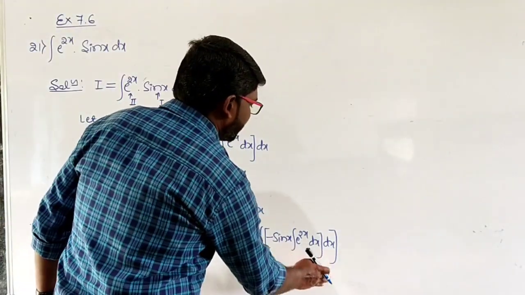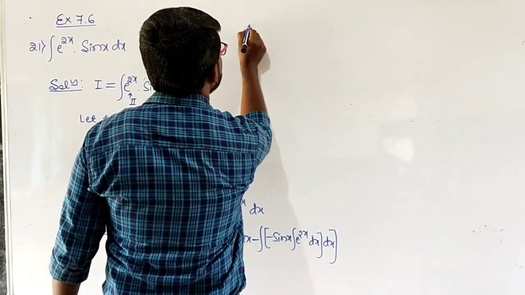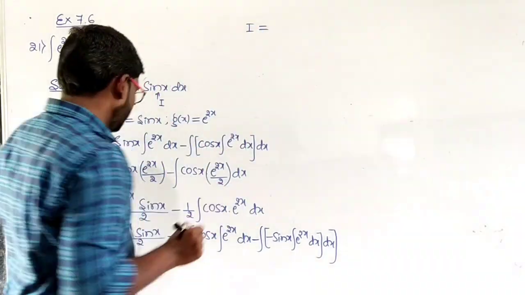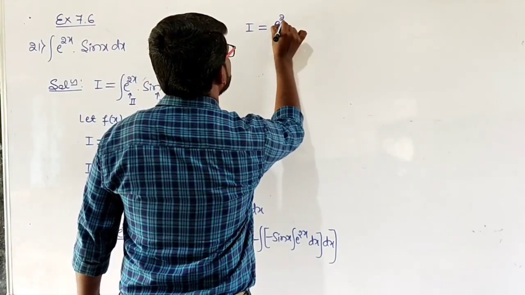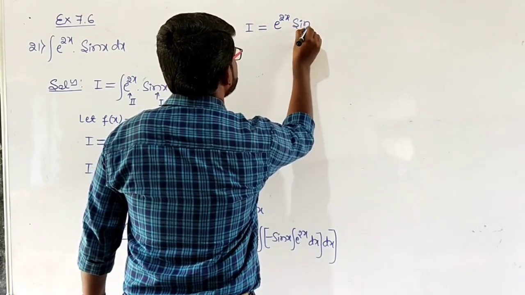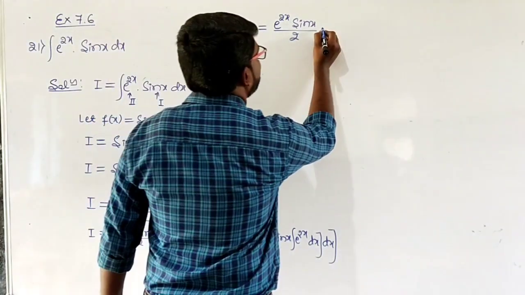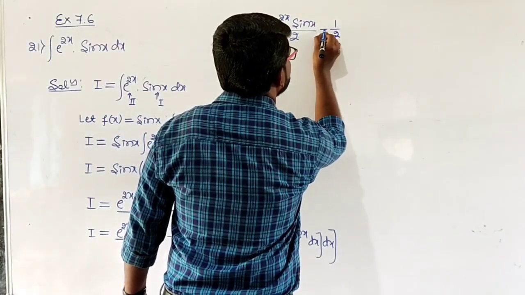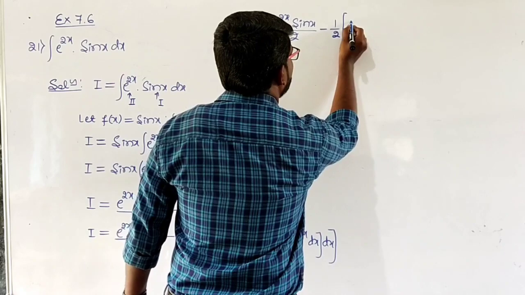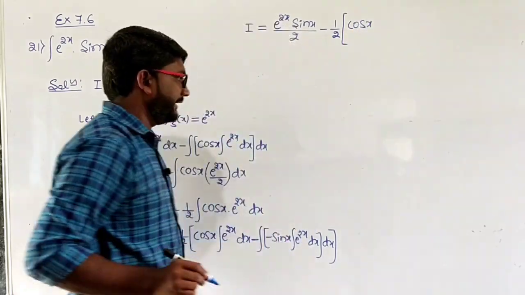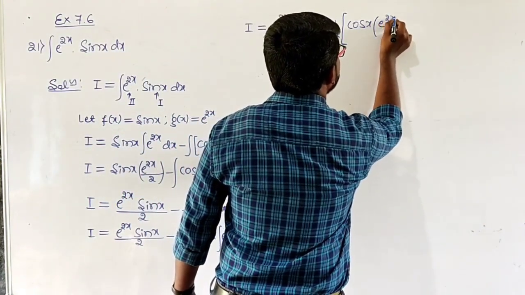So now in the next step, I equals e power 2x into sin x divided by 2, then minus 1 by 2 as it is, then the main bracket: cos x, and the integration of e power 2x will be e power 2x by 2.